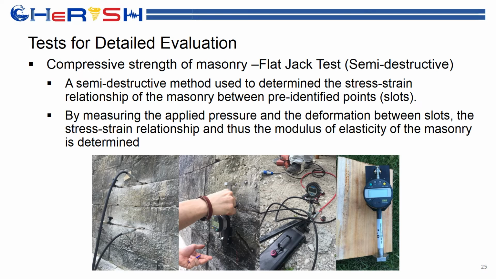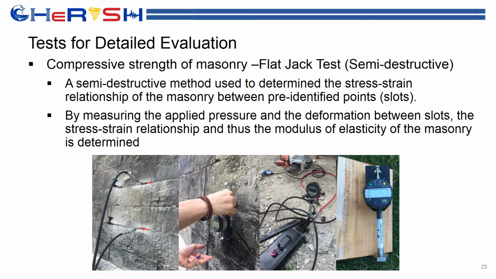What is being done is they would create some incision in the existing masonry and place this flat jack, and using a hydraulic machine, they would apply the force here.